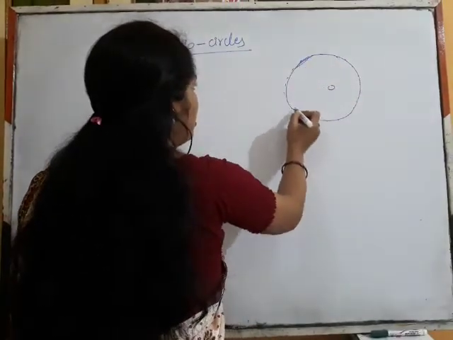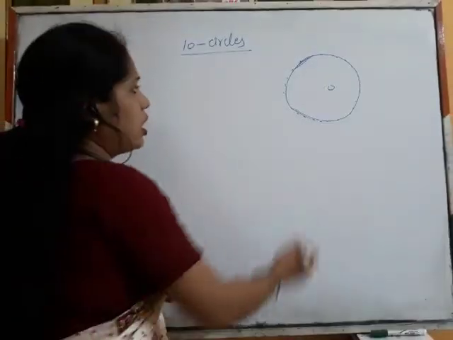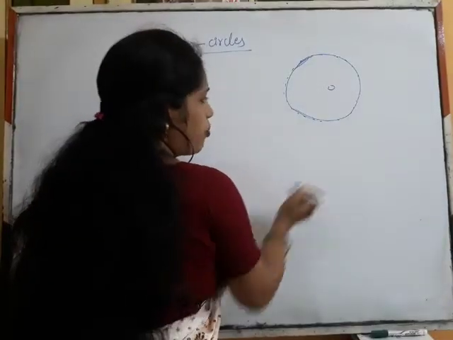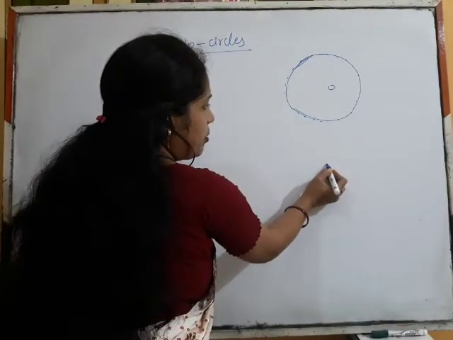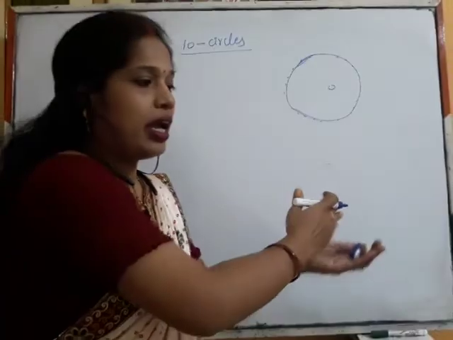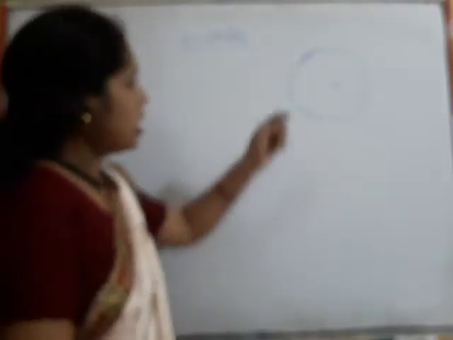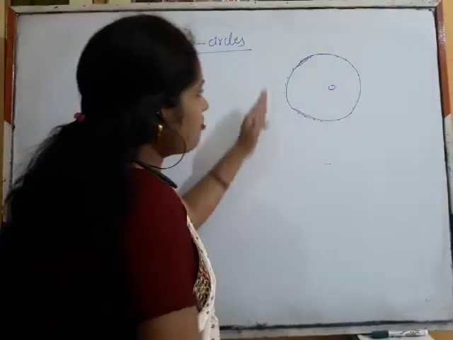Points are actually the boundary of the circle. So this is a point. If we keep placing the points one after another in a line, it will take the shape of a line. So this is a collection of points which are at a fixed distance.